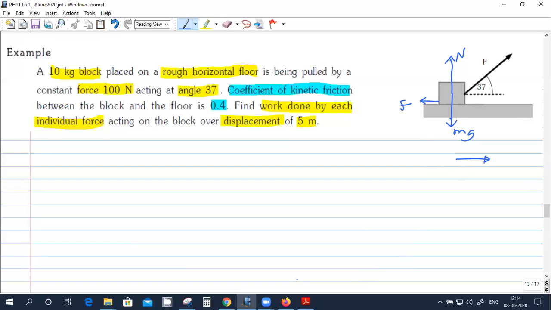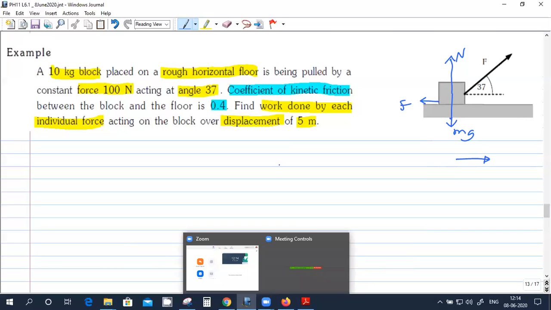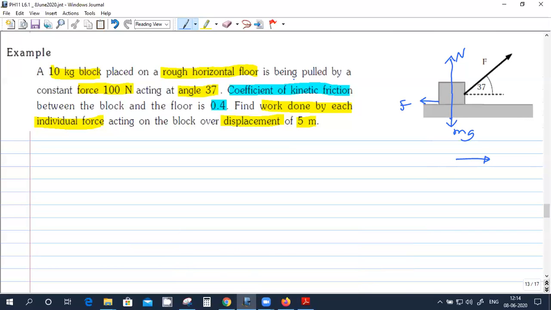Okay, so the work done by the normal reaction and the weight, how much is it? There are four forces, no?